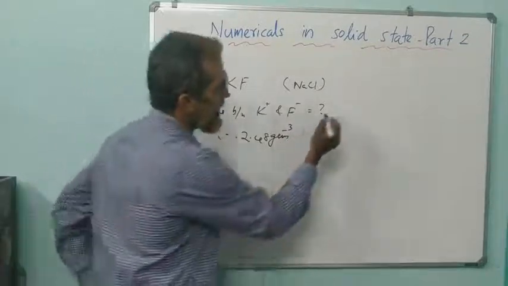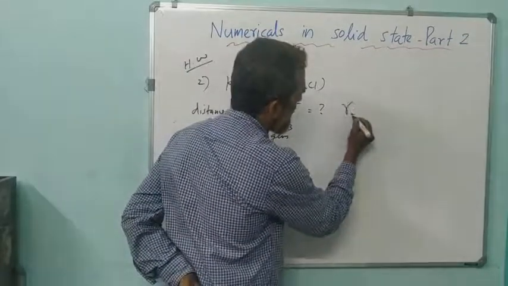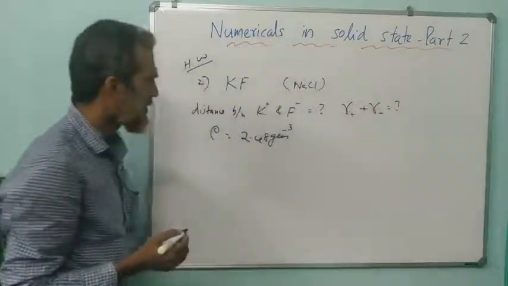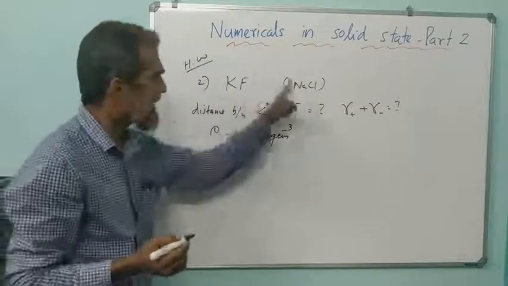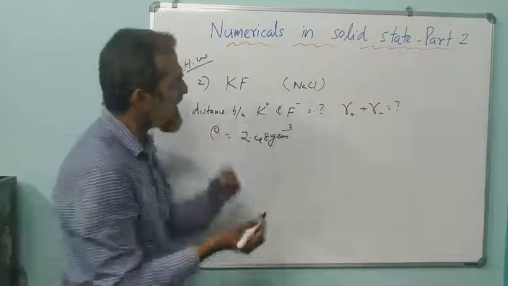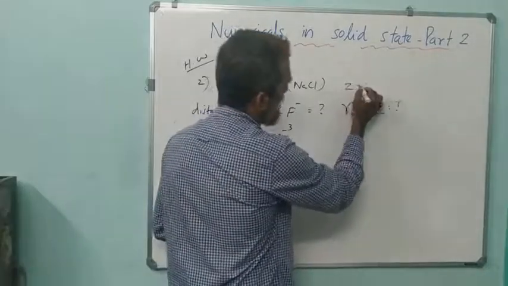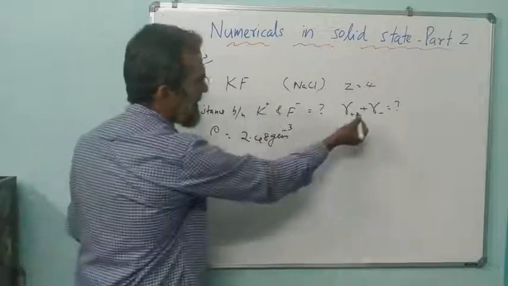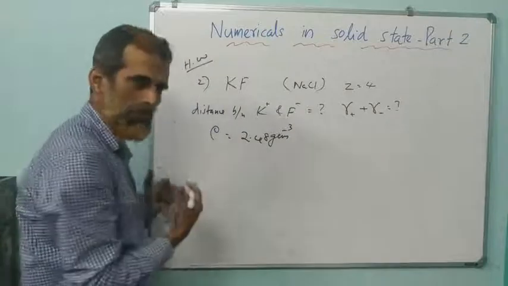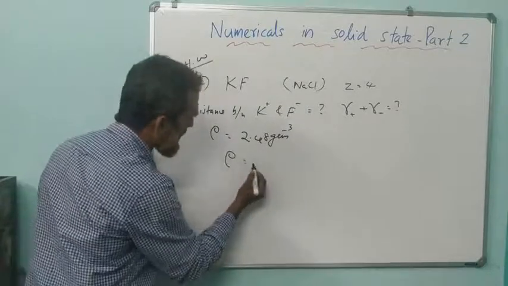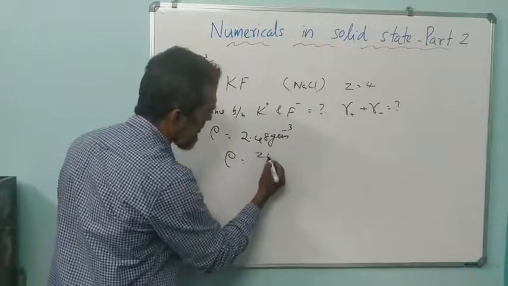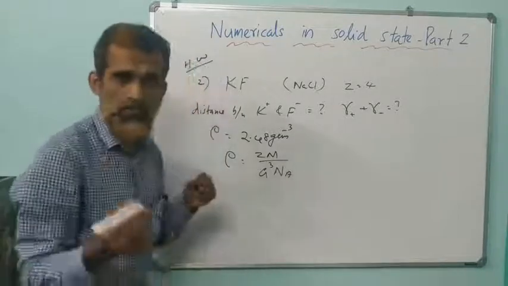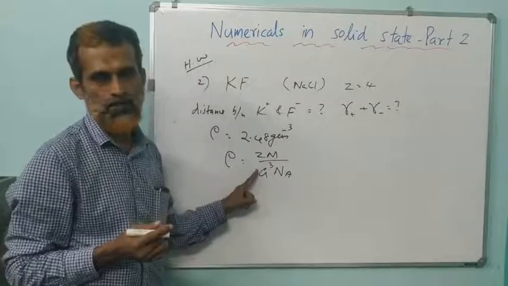So what do you have to find out? R plus plus R minus is to be calculated. Right? KF has the NaCl structure, so you get Z equal to 4. So it is similar to the previous question. Based on the density equation, rho equals Zm by A cube into Na, basically you have to calculate A first.